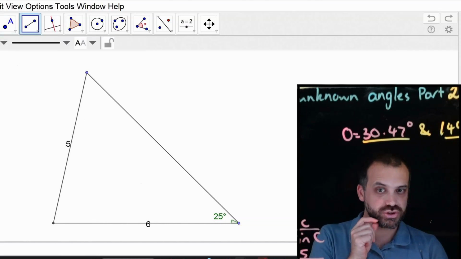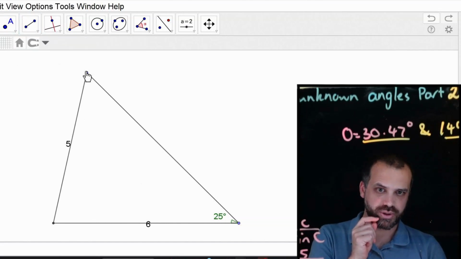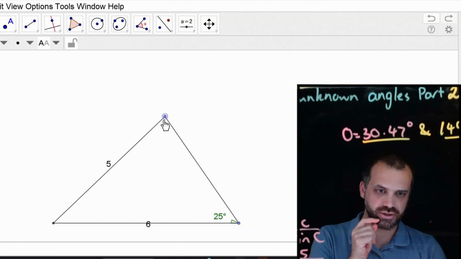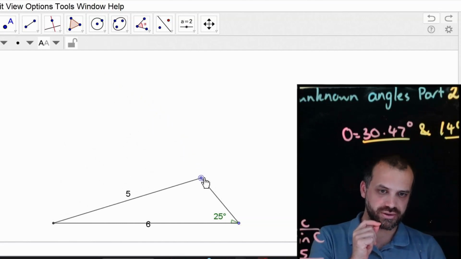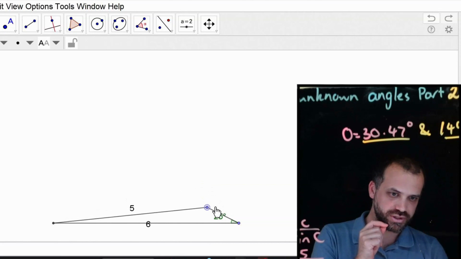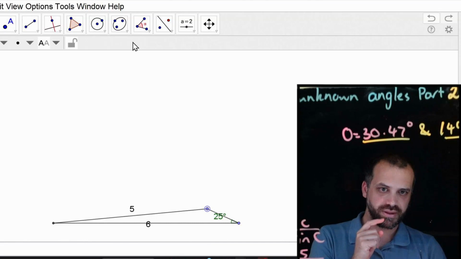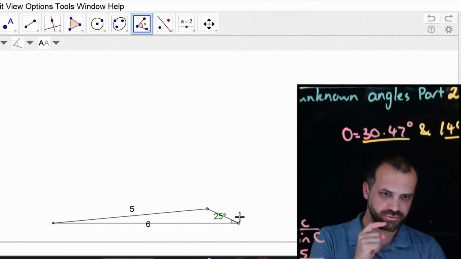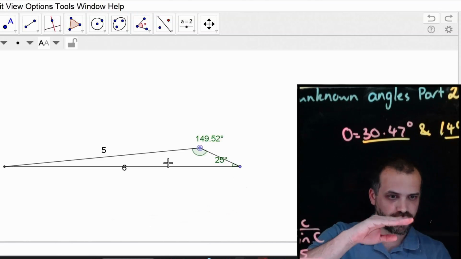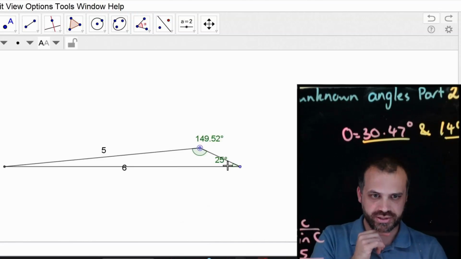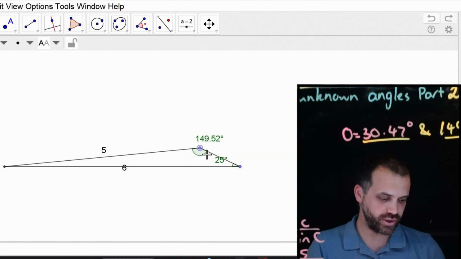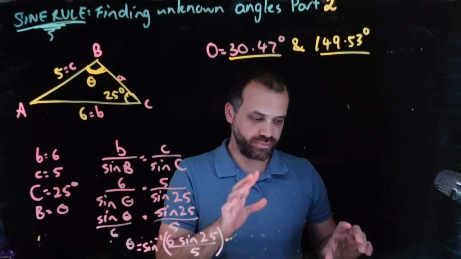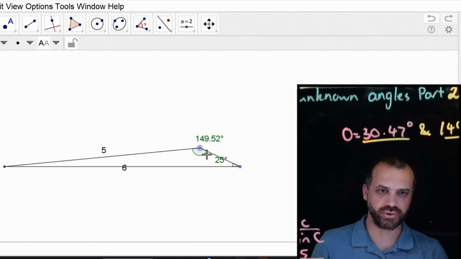Well, there's actually two ways to do it. We can rotate this one. See, that length and that length are staying the same. Keep rotating until I get to there. Let's measure that angle. Look at that. I've rotated that 5 down until it matches up with that 25-degree angle. And what's our answer? 149.53. I'm sort of eyeballing that.